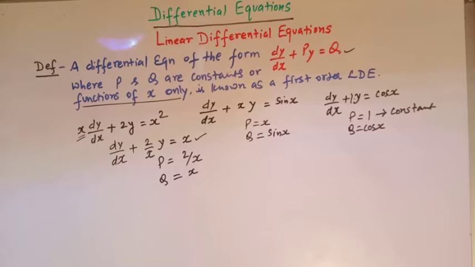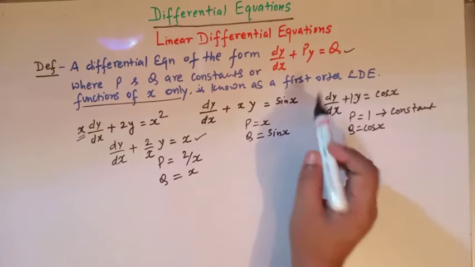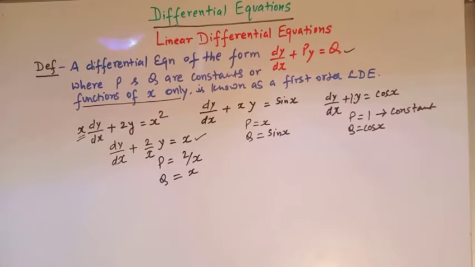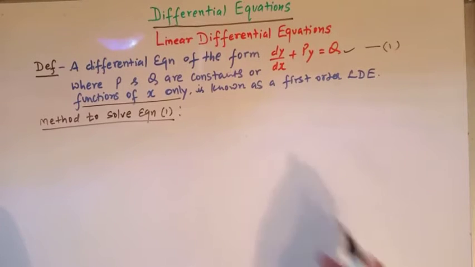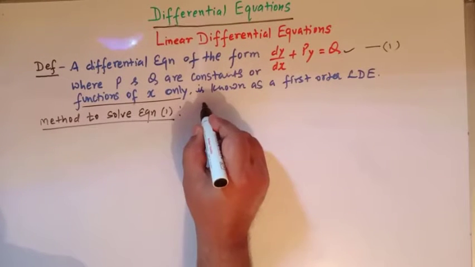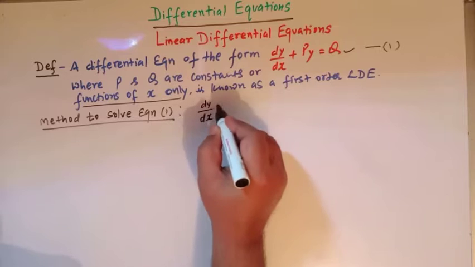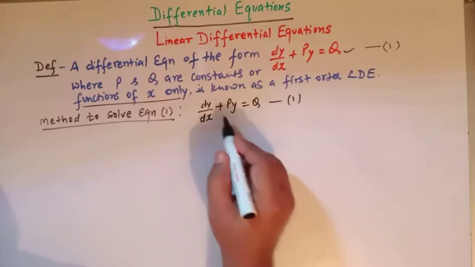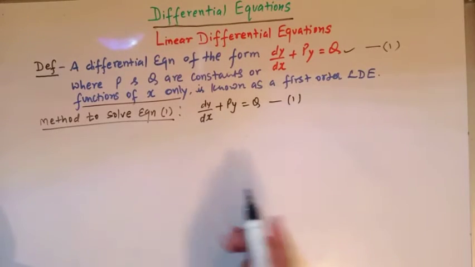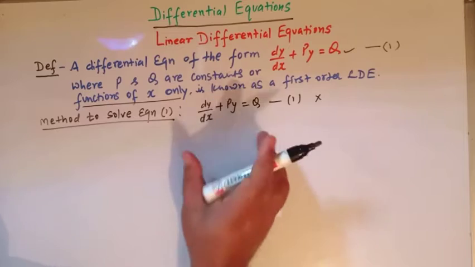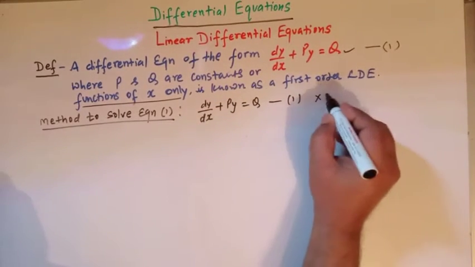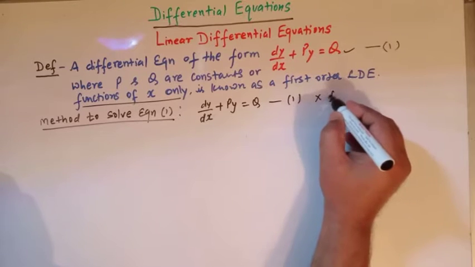Now viewers, let us find the method to solve this first order linear differential equation. Clear? Now viewers, here we have the equation dy over dx plus py is equal to q, and we want to solve this differential equation. Now let us multiply both sides by a function say f of x.